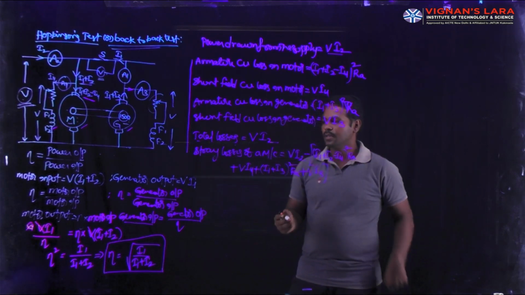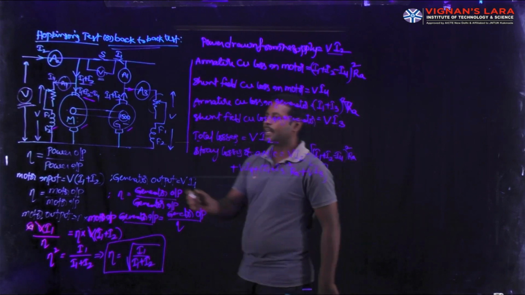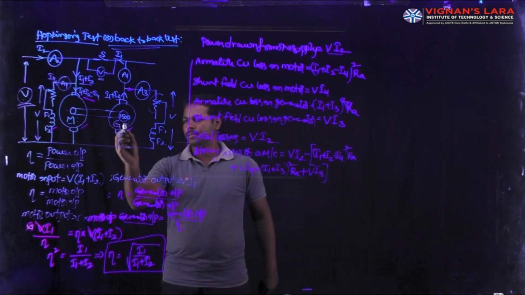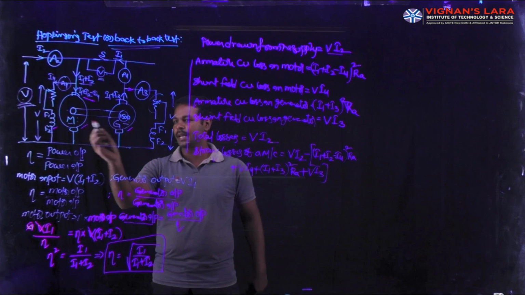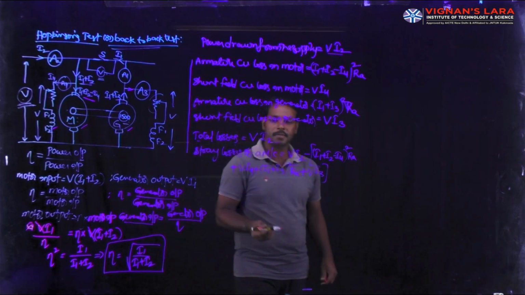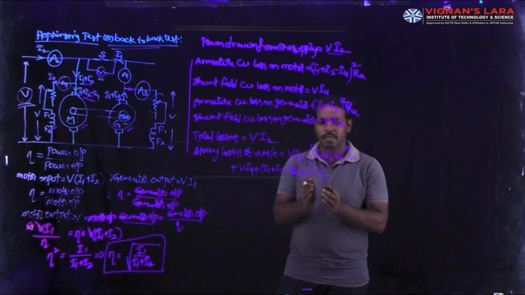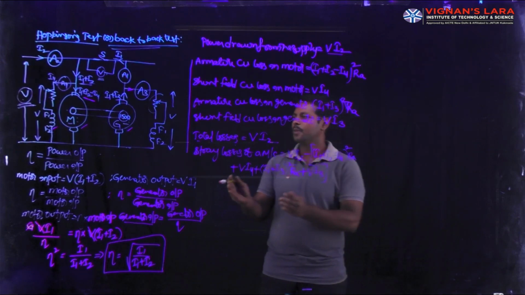For this consideration, the ratings of both machines must be the same. Identical machines are to be connected, so the losses are distributed equally between both machines.